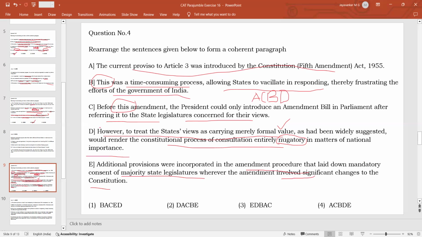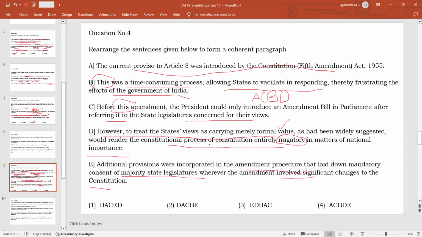So previously, whenever any amendment was required, the state legislatures had to be consulted, but they would not respond in a timely fashion. So this will frustrate the efforts of the central government, as a result of which the current provision, the amendment bill, was introduced. But when you have a bill like this, it will make the consultation process meaningless.